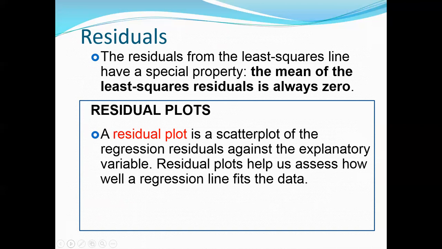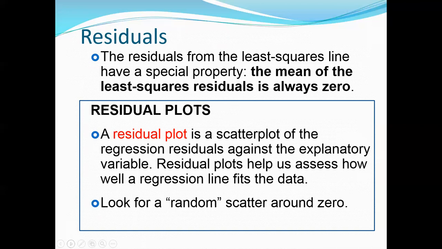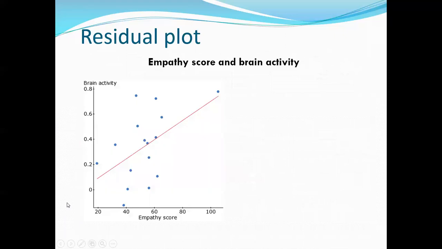Residual plots. A residual plot is a scatter plot of the regression residuals against the explanatory variable. Residual plots help us assess how well a regression line fits the data. Look for a random scatter around 0 in the residual plot.